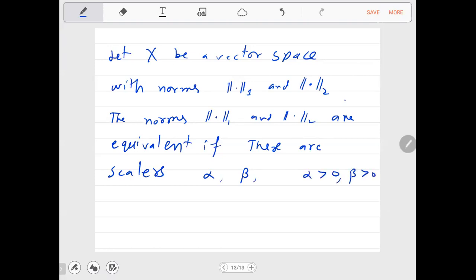These are positive scalars satisfying alpha times the norm 1 is less than or equal to the norm 2, which is less than or equal to beta times the norm 1, for all x in X. So we say that these two norms are equivalent if there exist positive scalars alpha, beta.